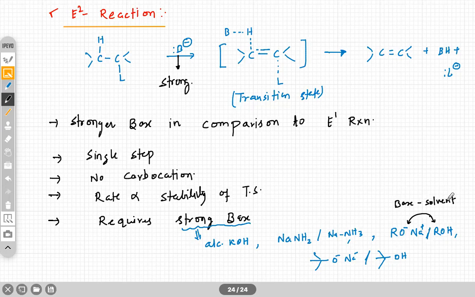Right? So this solvent must be the conjugate acid of this base. We have to add H plus over here, and you'll get this. O minus, you add H plus, you'll get this. So these are the strong bases which we use for SN2 reaction or E2 reaction.